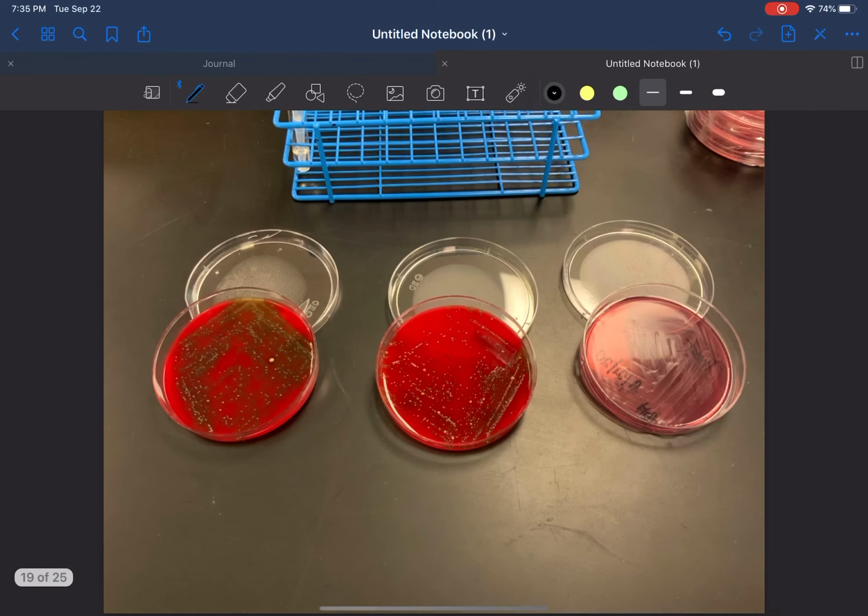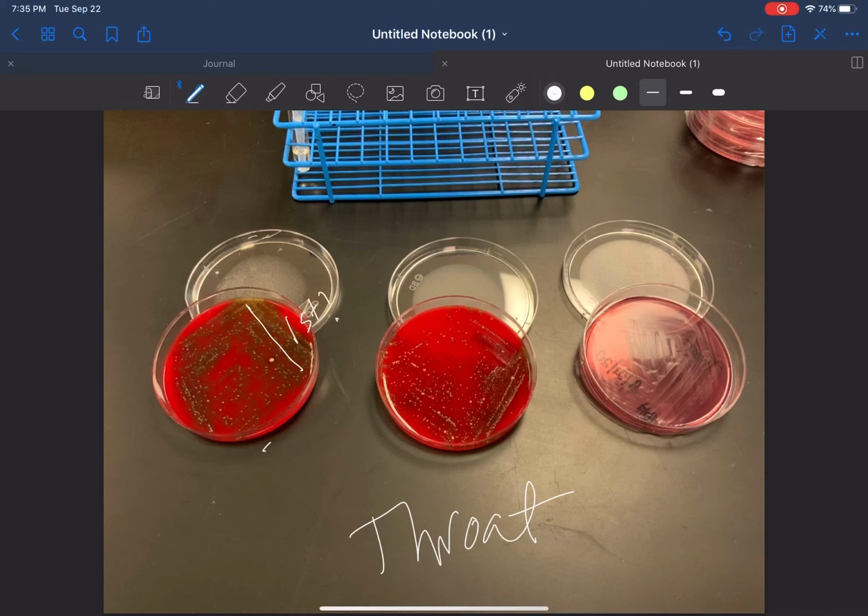For everybody, this one again is another throat culture. This person did use the loop to streak out, but I can't even tell which quadrant this is. It looks like maybe this was the first, maybe this was the second, but it goes in a square.